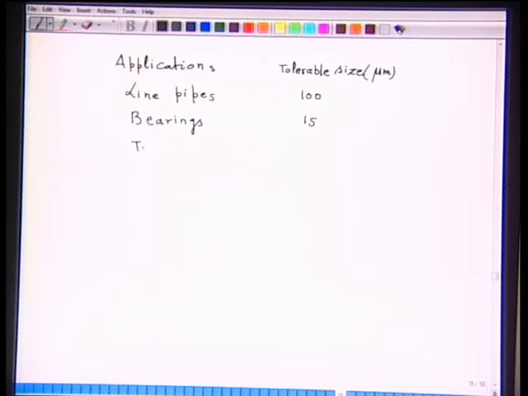Then tire cord 10 micrometer, heavy plate 13 micrometer, and wires around 20 micrometer. So, these are the critical sizes. There could be several other applications which can tolerate some minimum size, and hence the size above that should be removed, but below that if it remains in the steel it does not harm the property.